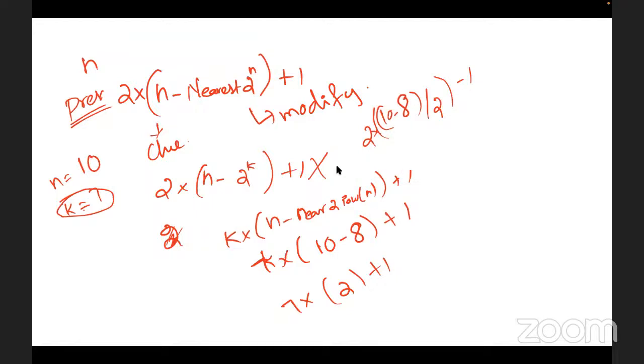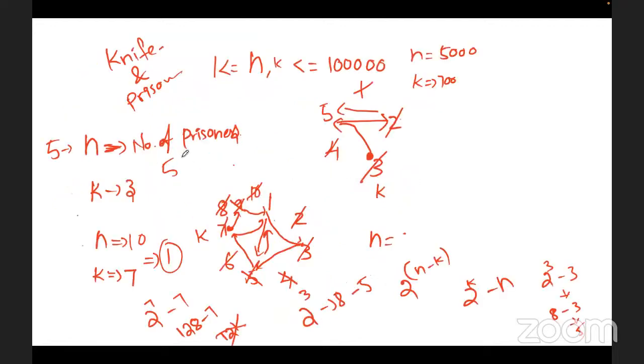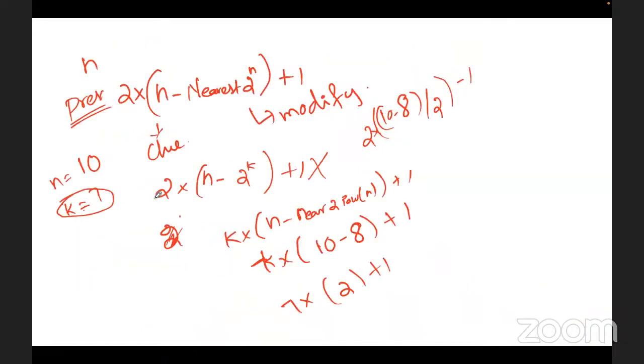Now for 5 it's getting 2, but my answer is 3, right? And there is no k. So it won't work.